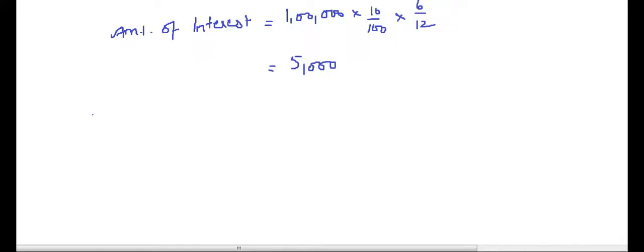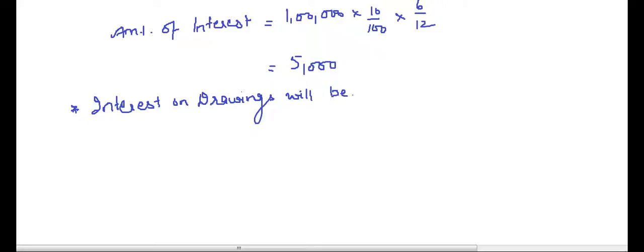So what it means is that interest on drawings will be charged. Please note this down, it is very important because we are going to discuss many scenarios relating to this.